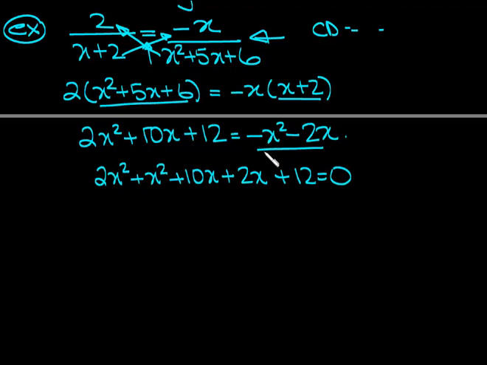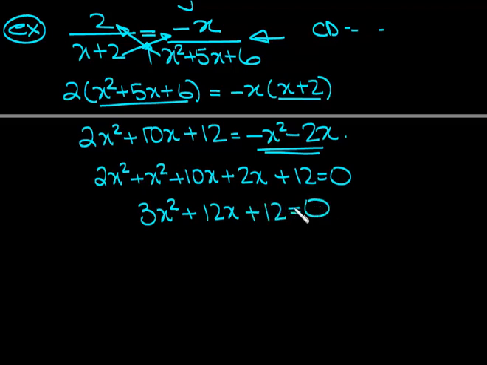So I move these two terms to the left. So we add these up, so we get 3x squared plus 12x plus 12 is equal to 0.